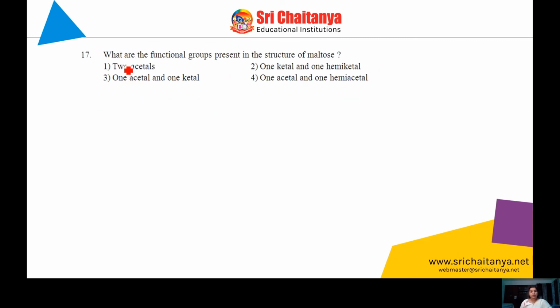What are the functional groups present in the structure of maltose? Okay, so first I need the structure of maltose. It is a disaccharide and it is formed by two molecules of alpha D glucose.